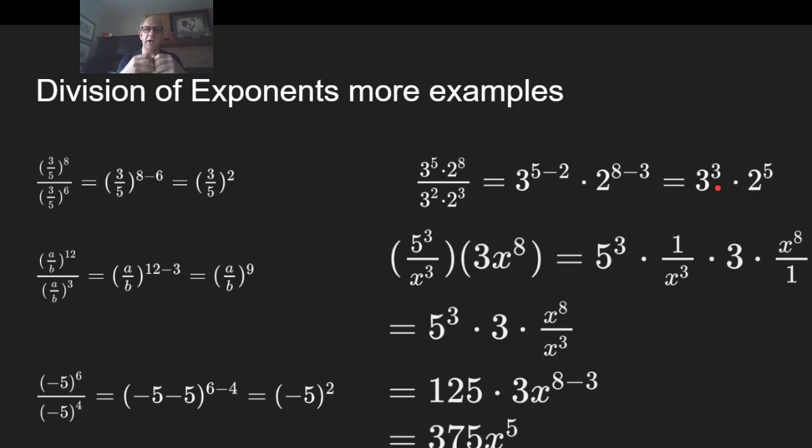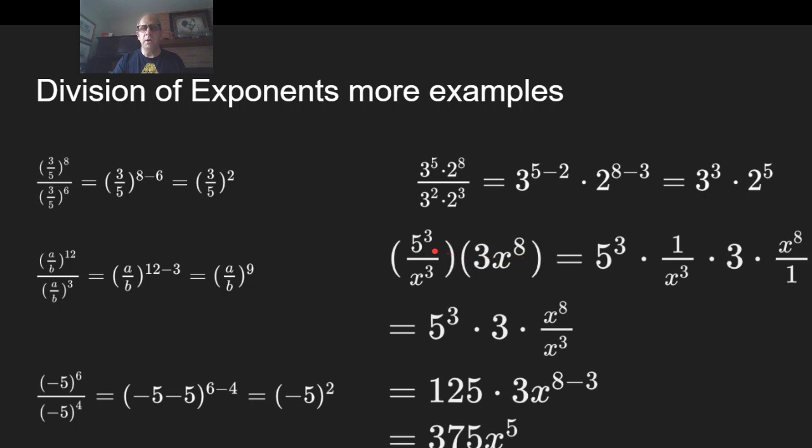Yes, they're numbers. I could multiply them out and find one big number for the answer, but we're just learning some skills here. This last one, it looks complicated, but using everything we know in math, the commutative property, the inverse property of multiplication, all that other stuff, we can separate it out. So I have 5 cubed divided by x cubed times 3x to the 8th.